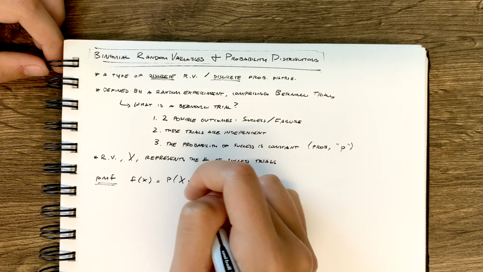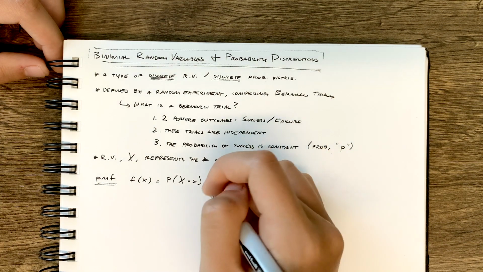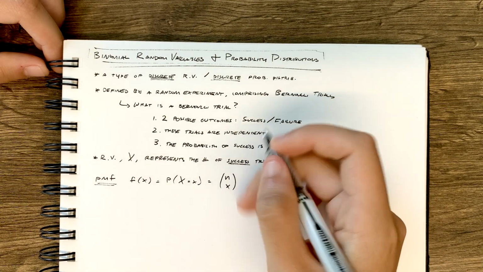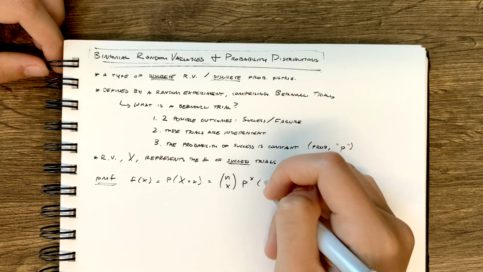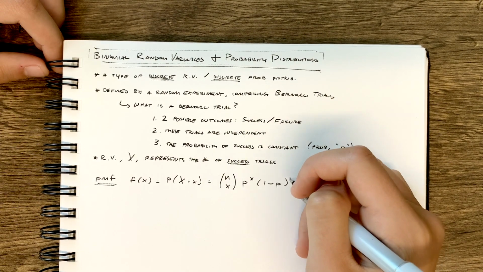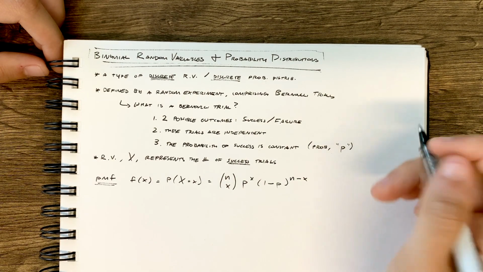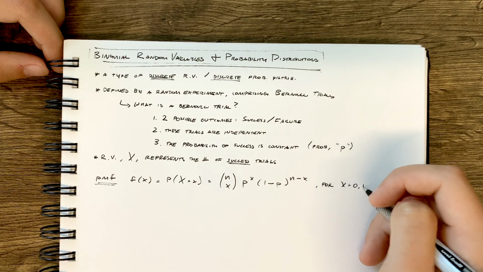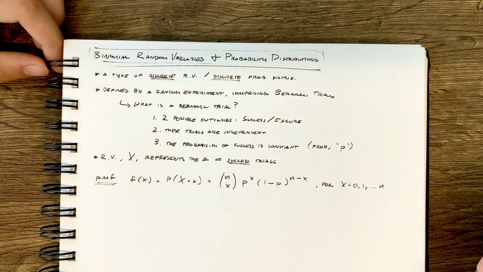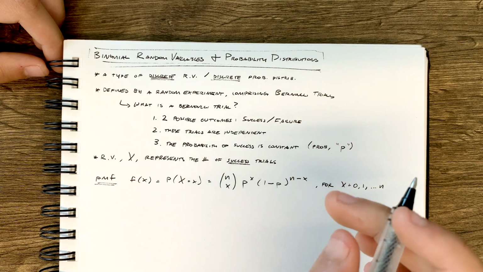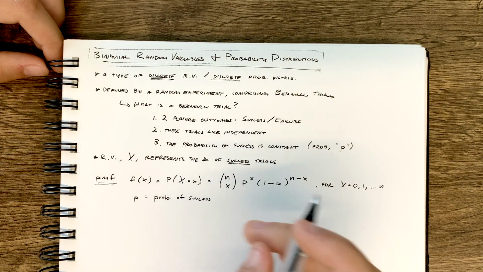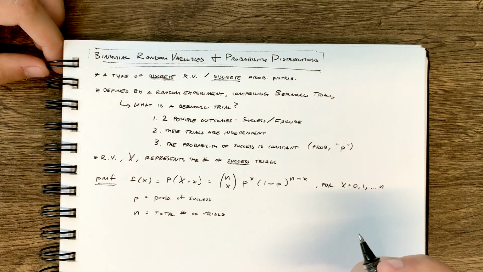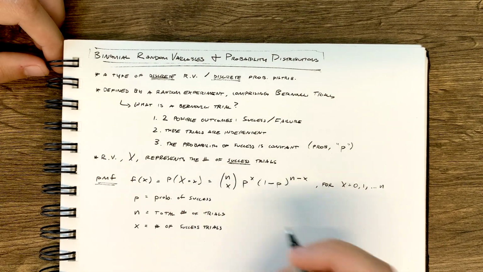That is equal to the combination of n and x, which we'll talk about in a moment, multiplied by the probability of a success raised to the power of the number of success trials, x, multiplied by 1 minus this probability to the power of n minus x, for all cases of our random variable x, starting from 0 and counting consecutively to some number n. In this equation, p stands for the probability of a success, n stands for the total number of trials that occur, and x is the number of specifically success trials.